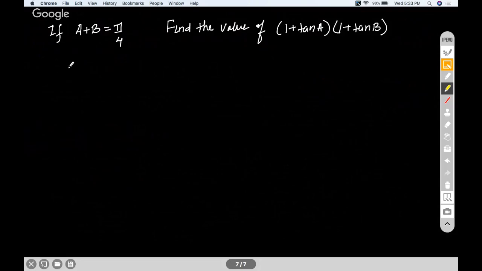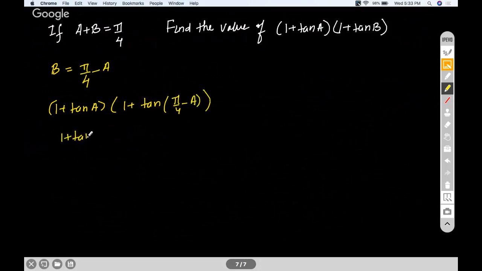Okay, so let's quickly discuss this as well. So I can always write angle B as pi by 4 minus angle A, right? So let us write this term as 1 plus tan A times 1 plus tan pi by 4 minus A. Okay. So this becomes 1 plus tan A, and this becomes 1 plus, this is 1 minus tan A by 1 plus tan A. Correct?